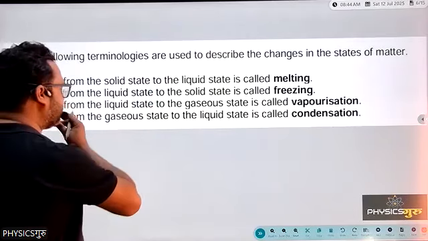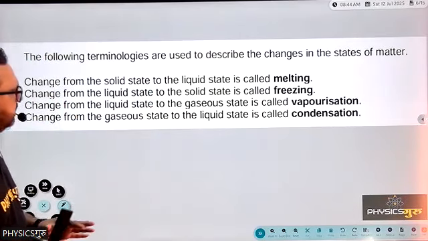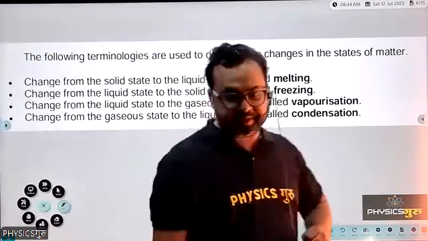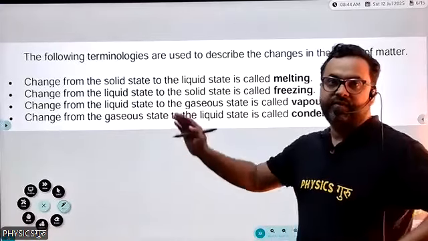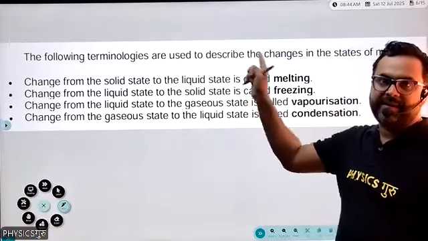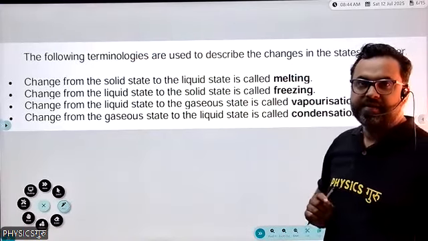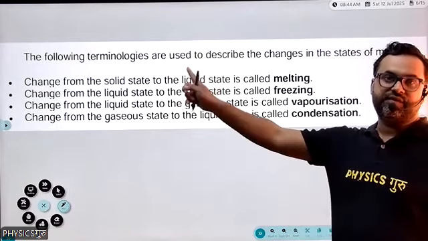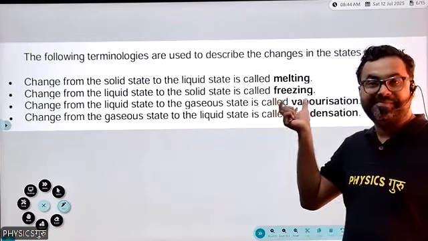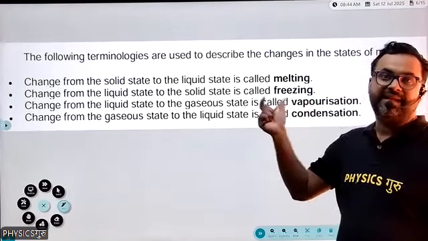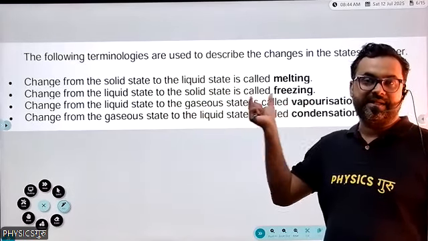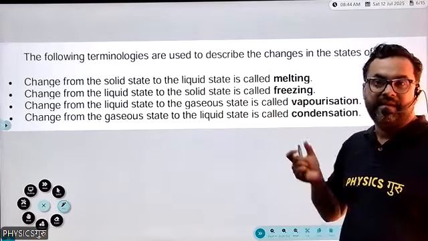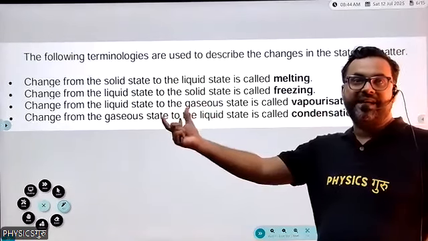Now, a few definitions regarding change of state. The following terminologies are used to describe the change in the state of matter. Melting means change of solid state to liquid state. Freezing is liquid state to solid state. Vaporization is liquid state to gaseous state.